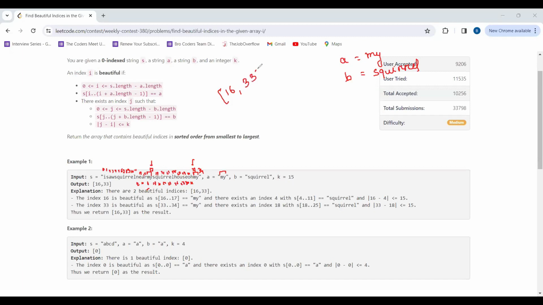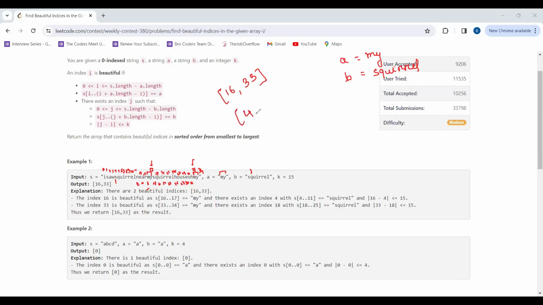Now, at what all indices can we find the word "squirrel"? Squirrel is first of all present at this index, the fourth index.